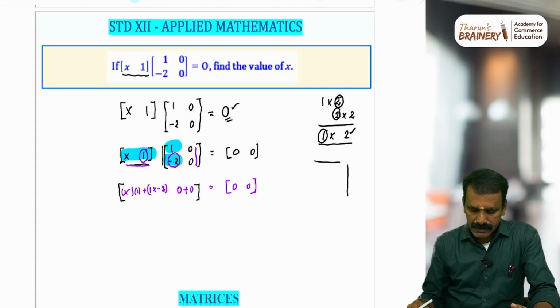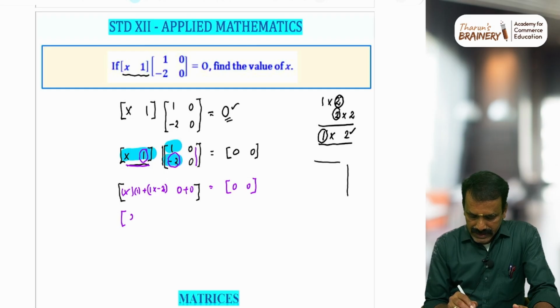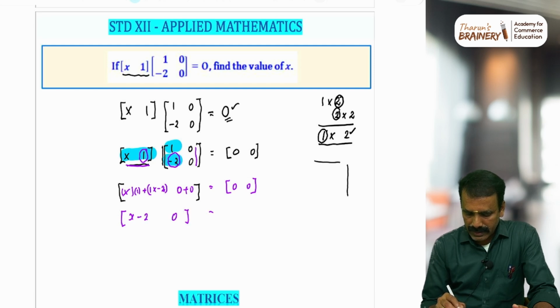Now we simplify this expression. x into 1 is x. 1 into minus 2 is minus 2. So it is x minus 2. Here 0 added with 0 will be 0 again. So this is 0, 0.